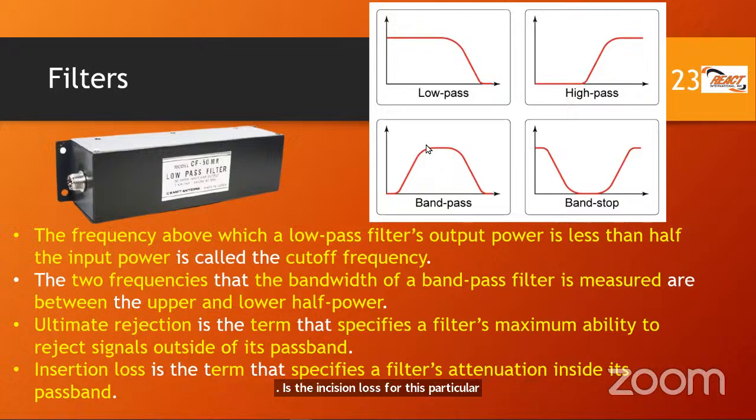We want the filter to operate and be useful within this frequency range, but it's introducing insertion loss. The frequencies within which the insertion loss is important to us are those of the pass band, which is all here. In the case of the low pass filter, this is the pass band, so we are interested in what the insertion loss is here.